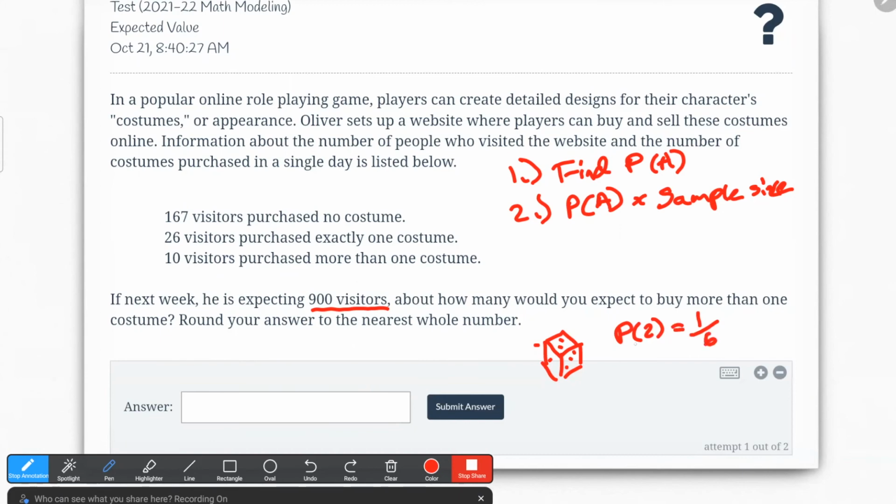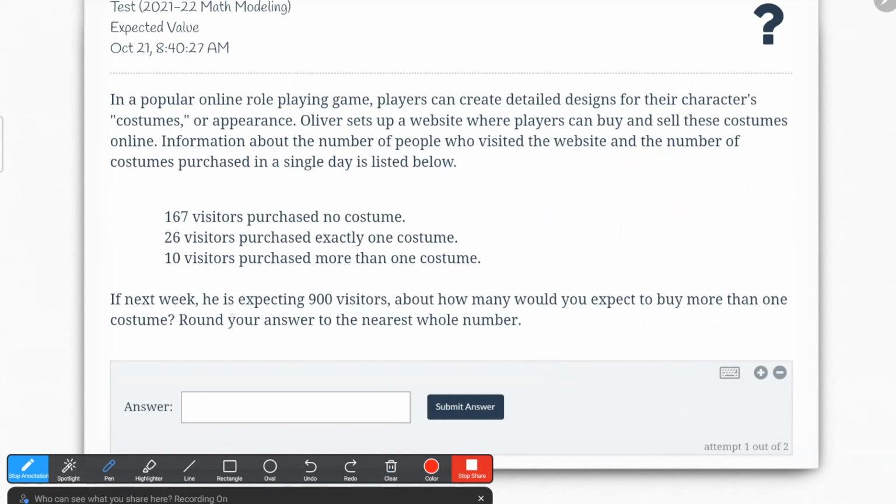And then if I said, okay, you're going to roll it 60 times, how many 2s would you expect to pop up? Well, what we did is we did 1/6 times 60, and that's how we got 10. Basically, it's the same thought process here.